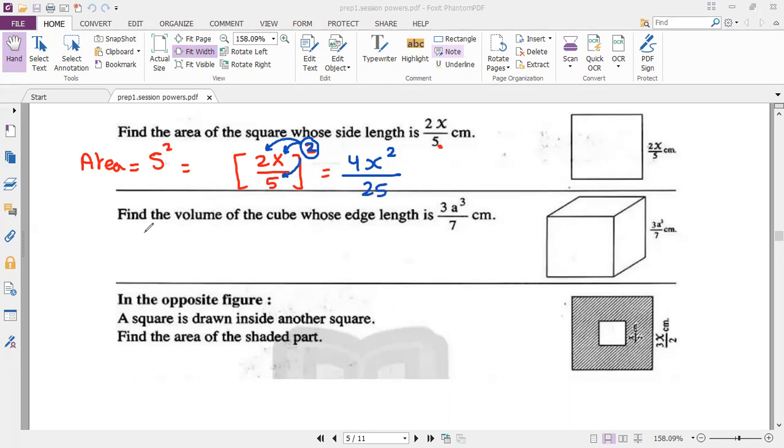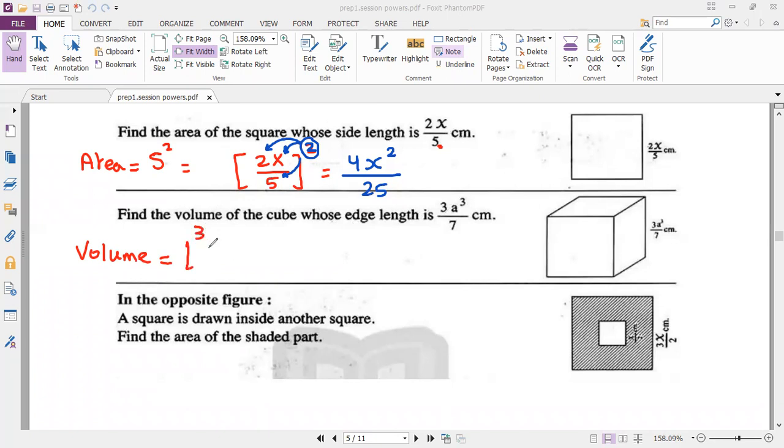The next one, find the volume of the cube whose edge length is 3a to the power of 3 over 7. What is the volume of the cube? Volume of the cube is side multiplied by itself, multiplied by itself. The volume of the cube equals the edge length multiplied by itself 3 times.